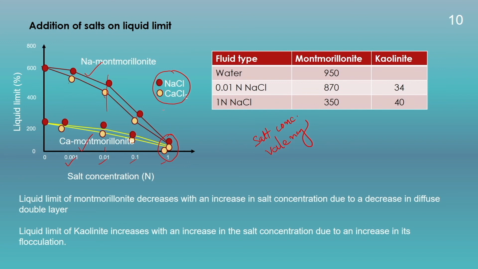Not only the salt concentration and salt type, if we take different montmorillonite, here we can see the effect of salt of different concentration and different valency will be different for the calcium montmorillonite. If we compare for the same concentration, same salt for sodium montmorillonite and calcium montmorillonite, we can see here the calcium montmorillonite will give a lower value of the liquid limit in comparison to the sodium montmorillonite for any concentration.